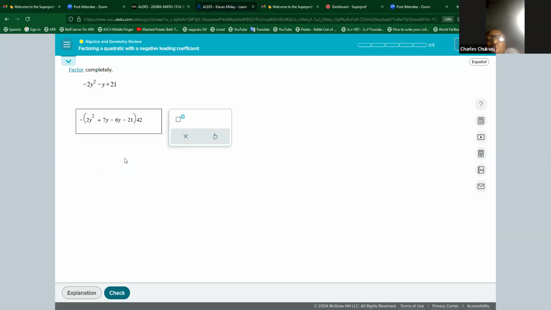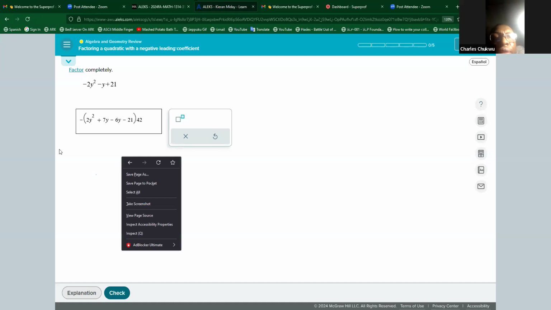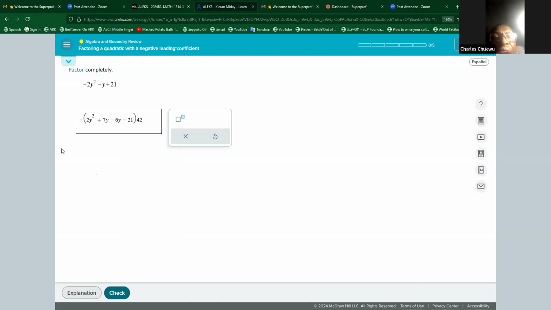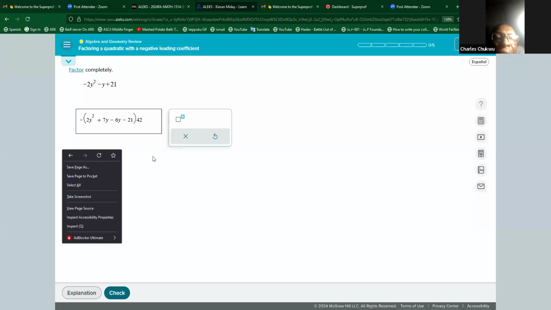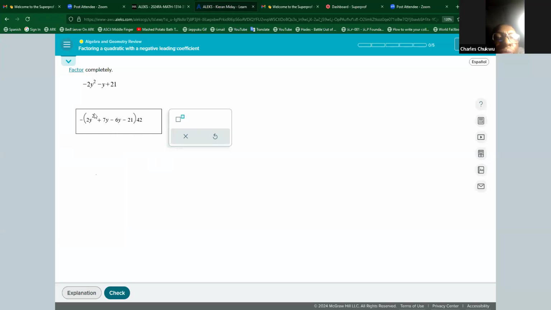Okay, so that we don't have to rearrange them, let's see what's common between 2y squared and 7y. That would be y, isn't it? Yes. So if we factorize y out of 2y squared plus 7y, we would have y times 2y plus 7. Got that?